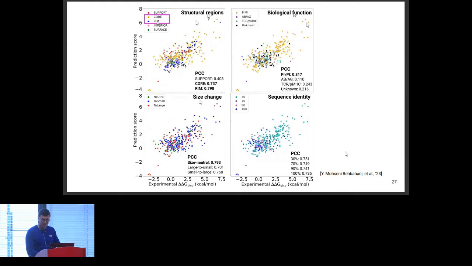For the biological function, we can see that the machine performs well for the functional class of protease inhibitor, but here we have a little bit of data entanglement. In fact, the majority of the mutation samples here belong to the protease inhibitor, the orange one, and the majority of those mutations are non-alanine substitutions.